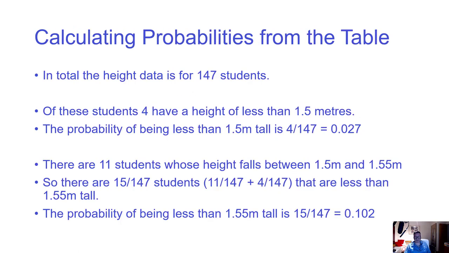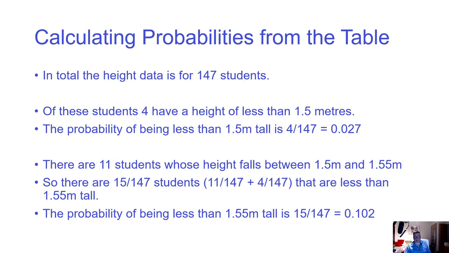There are 11 students between 1.5 meters and 1.55 meters, so the probability that anyone is less than 1.55 meters is 11 students from that bin plus the 4 students from less than 1.5 meters, so 15 students in total.